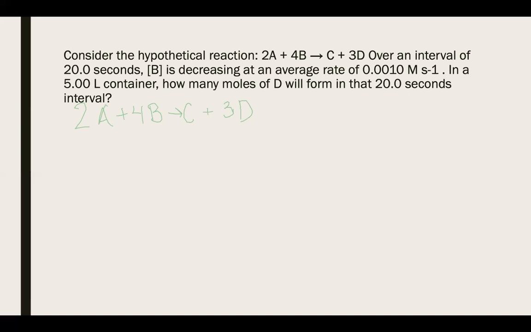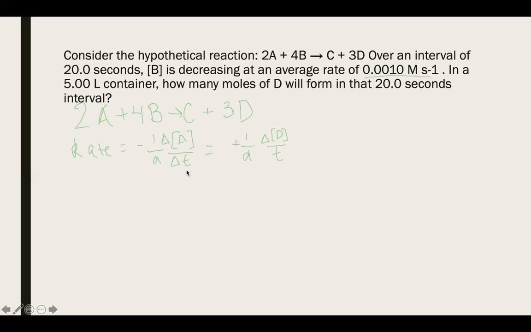We know the equation for rate is rate equals -1 over the coefficient of A times the change in concentration of A over delta T. And because we're trying to find D, we can also equate it to the expression for D, which is going to be positive, because D is a product, not a reactant: 1 over the coefficient of D times delta D over T.